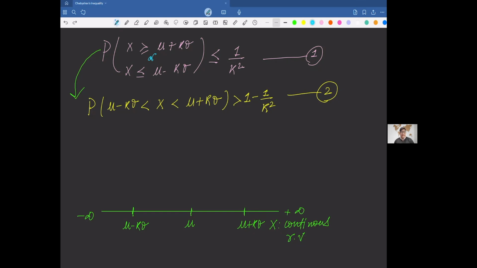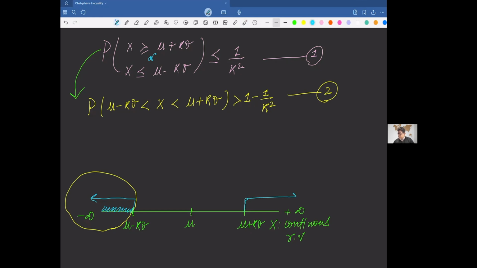The first probability is saying the probability of the values falling in, let's suppose, this region. I'm talking about this region, mu minus k sigma, which means this whole region, that is minus infinity to mu minus k sigma. Here, x is greater than mu plus k sigma.